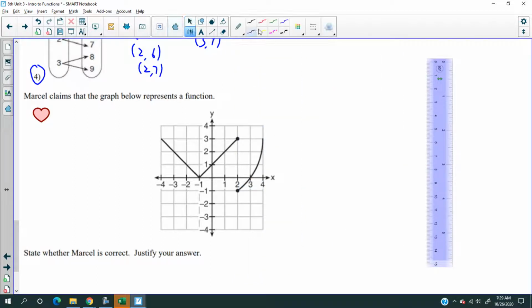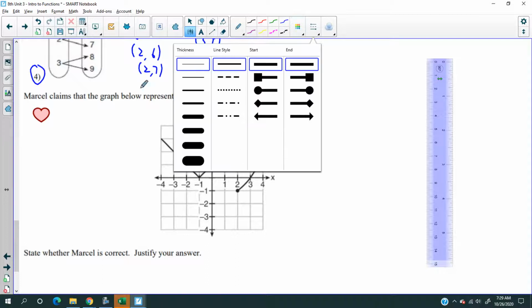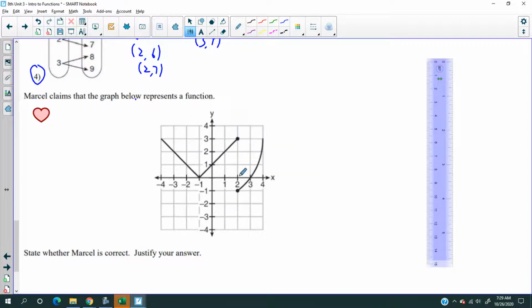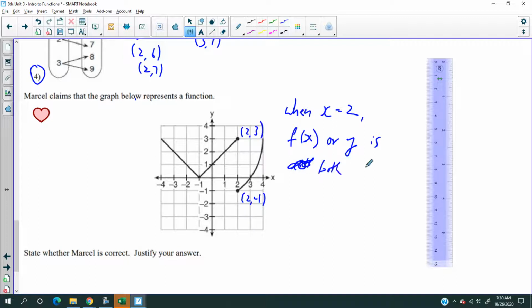The other way you can prove it is by saying that when x is 2, f of x or y is both 2, 3 and 2, -1, because this point is 2, -1, and this one is 2, 3.